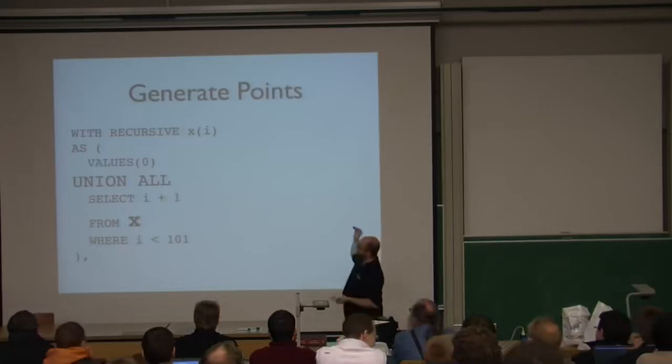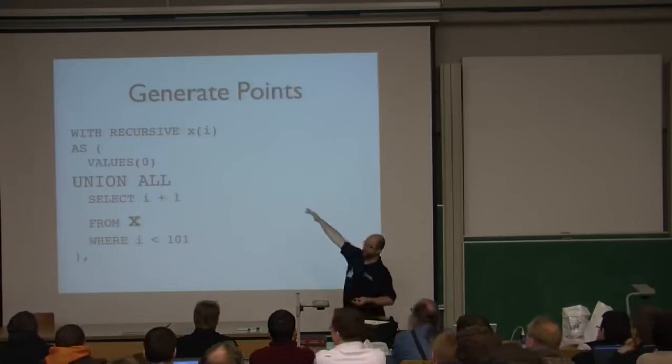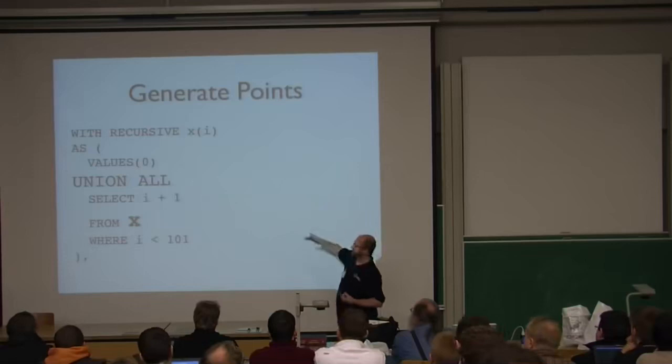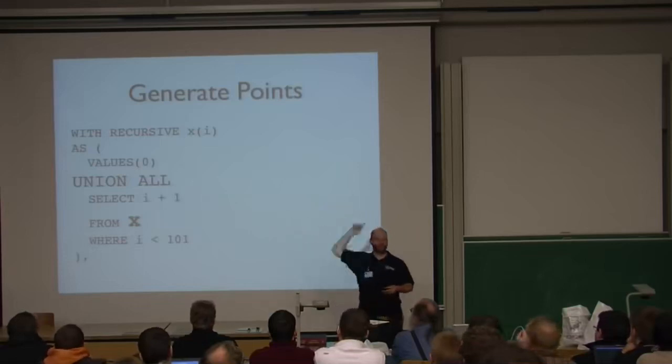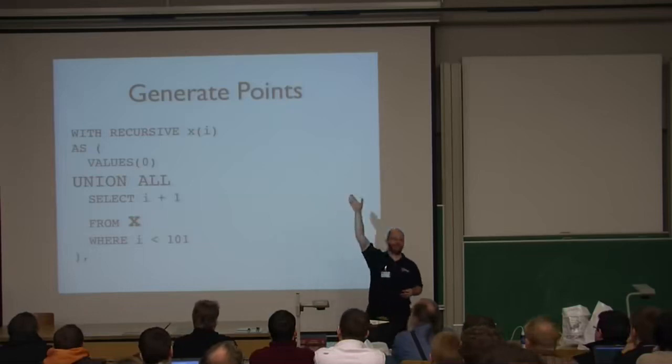So in the recursive view, you say initial condition union or union all. What would be the difference between union and union all generally? Anybody?